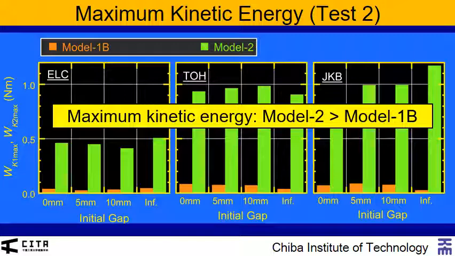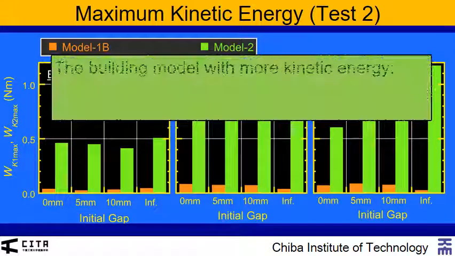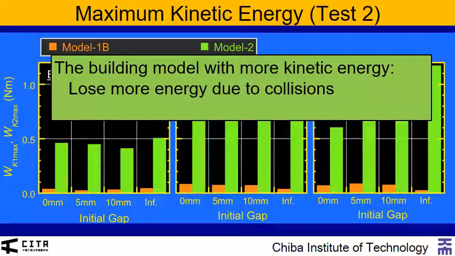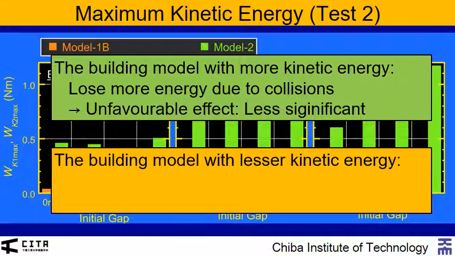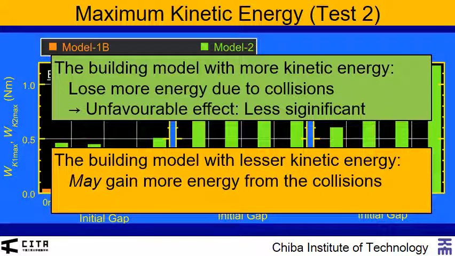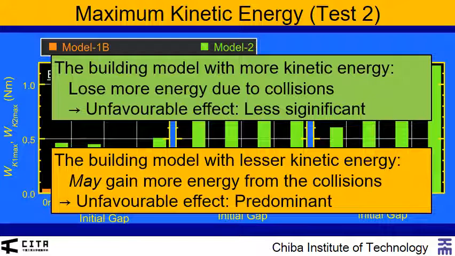So, based on the test results, it may be concluded that the building model with more kinetic energy loses more energy due to collision and the unfavorable effect of seismic pounding on the response is less significant. On the contrary, the building model with less kinetic energy may gain more energy from the collisions, and the unfavorable effect of seismic pounding on the response is predominant.